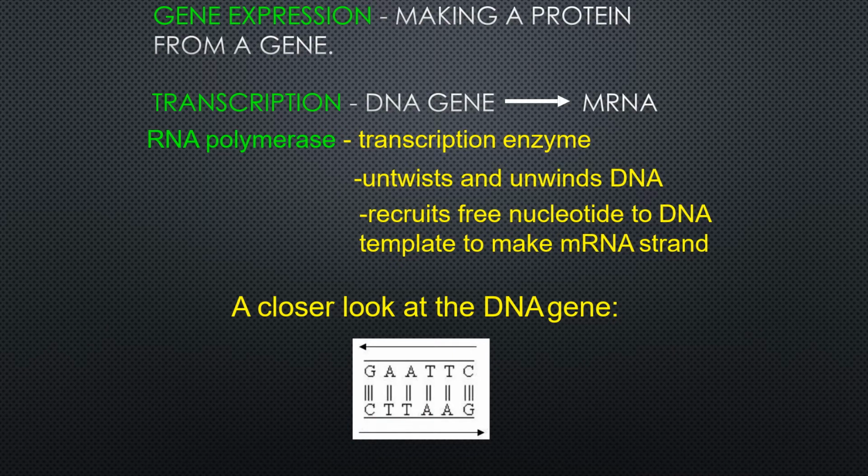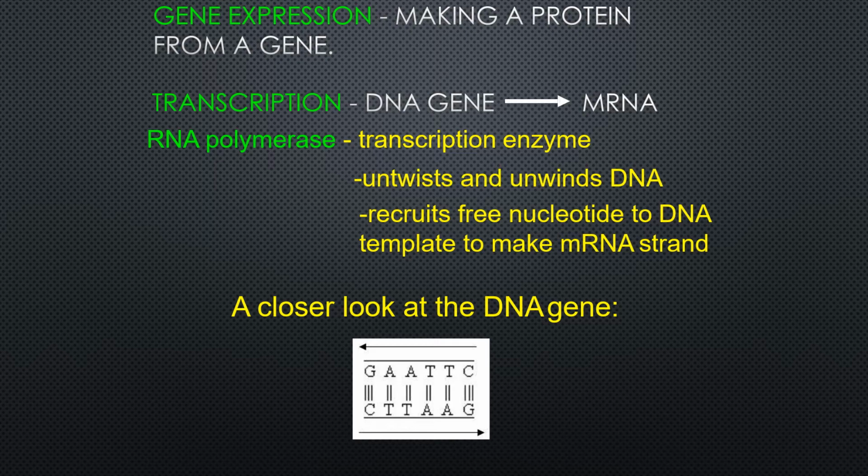Okay, so gene expression, making a protein from a gene, we said, has two parts, transcription and translation. The transcription part is taking the DNA gene and making messenger RNA. So let's take a closer look at that. That is going to require an enzyme called RNA polymerase. Now that might sound familiar because when we were replicating DNA, we used a protein called DNA polymerase.